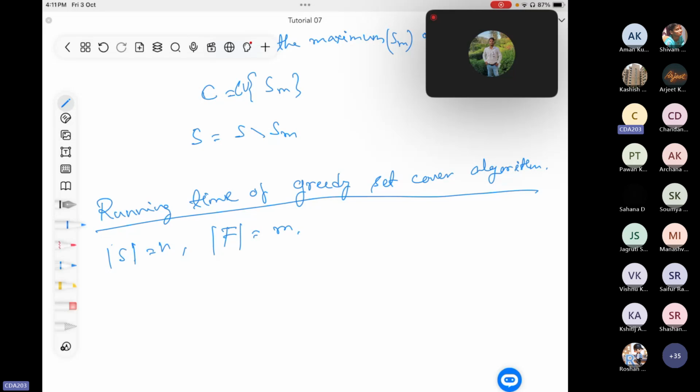Your set size is n, so the outer while loop can run at most order n times. And you have to check the intersection of these elements with S. If the cardinality of F is m, there are m sets in there. Checking an intersection with S takes order n time.